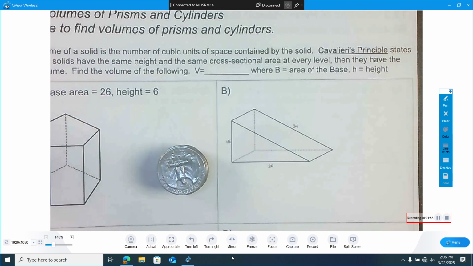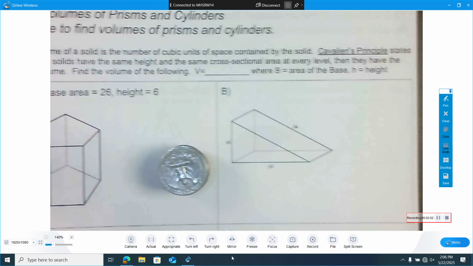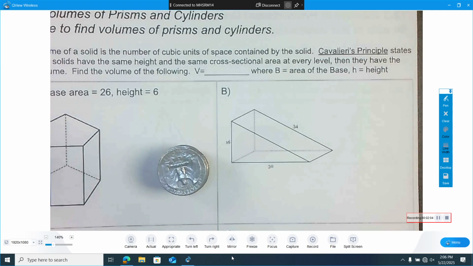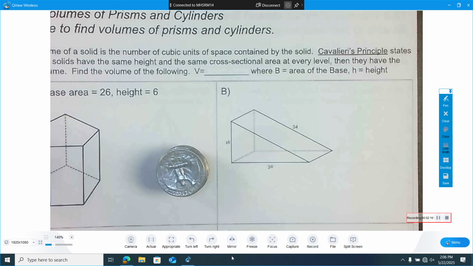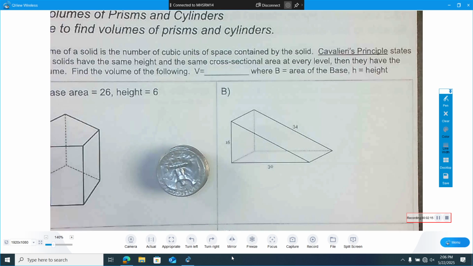And then if I stack on top of it this very thin piece of paper, and I keep stacking on the same size rectangle, then eventually we get volume, right? So it's the 88 times the height of my stack, and that's what creates volume.